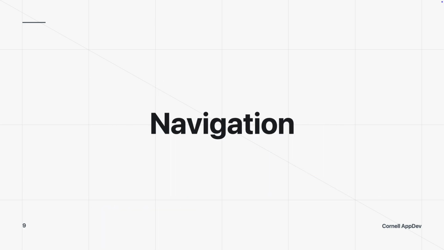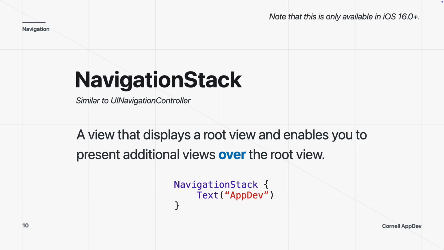That wraps up what we talked about last time, and this time we'll talk about navigation. Remember that in UIKit, to go from one view to another, we use UINavigationController. In SwiftUI, we use NavigationStack. NavigationStack was only introduced in iOS 16, and before that we used NavigationView, but they basically serve the same purpose.